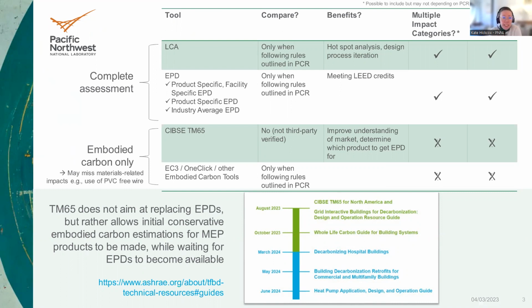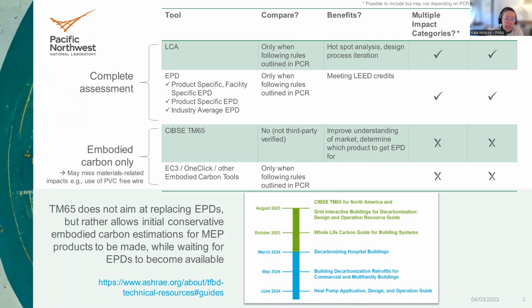This is my table summary that I put together, thinking about comparisons between LCAs, EPDs and TM65. I just wanted to note that I have been participating in two of the ASHRAE working groups.